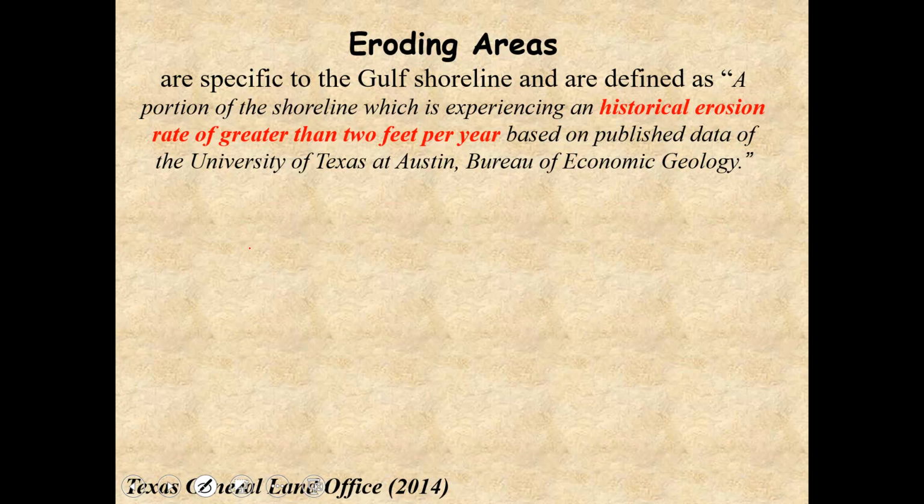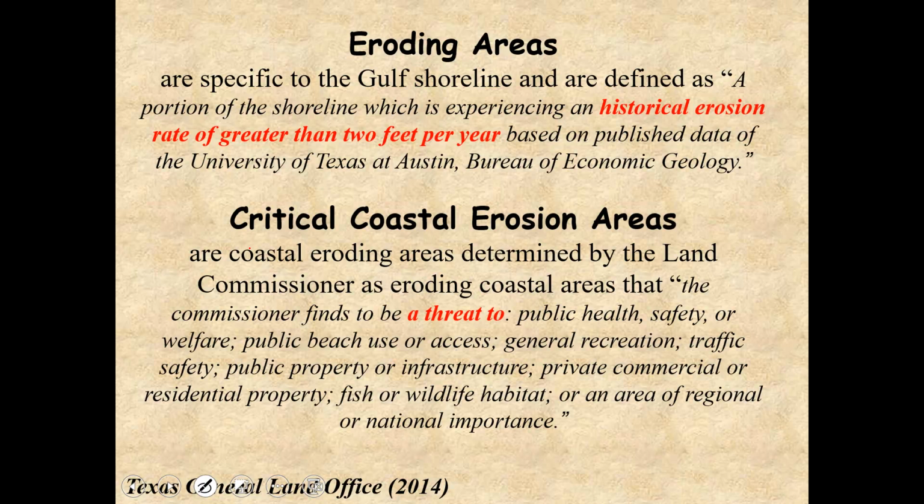We can define what an eroding area is and what a critically eroding area is. An eroding area is moving at rates greater than 2 feet per year. Okay, we can define that. We can even define a critical erosion area, and that's where the erosion could cause a major problem.